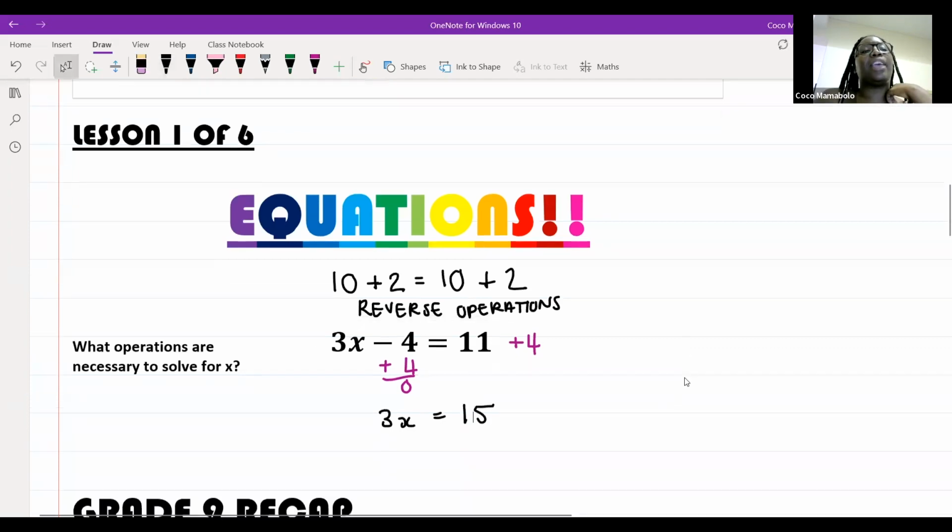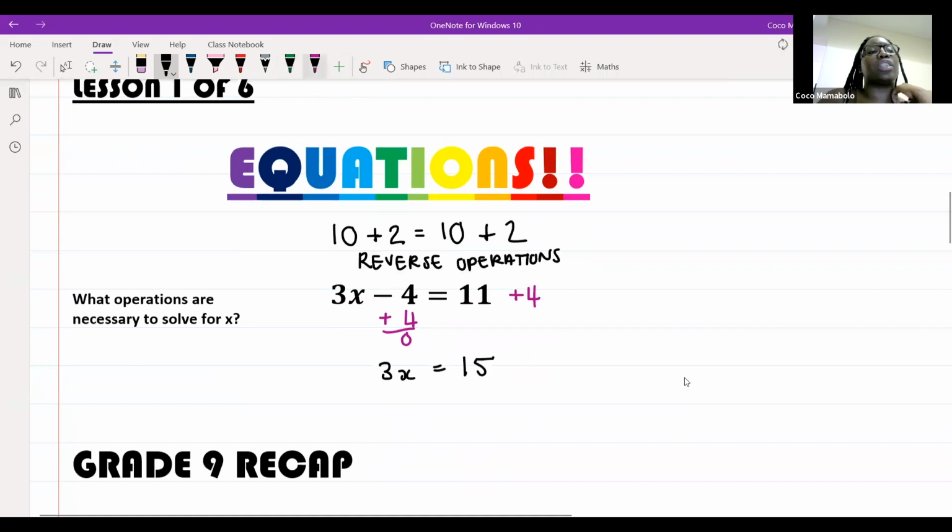Now, over here, I've got 3 multiplied by x. If I want to get rid of that 3, which is multiplied there, what reverse operation would I do? I would divide. Excellent. I'm going to divide by 3.